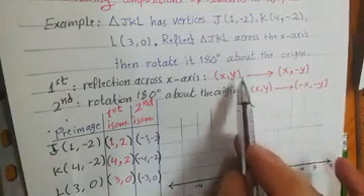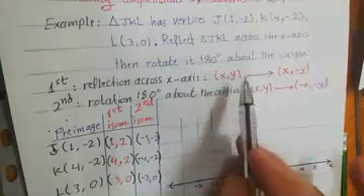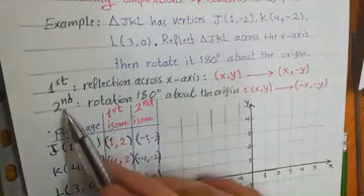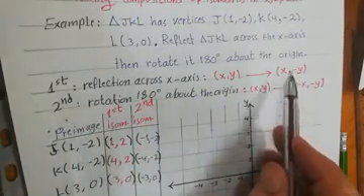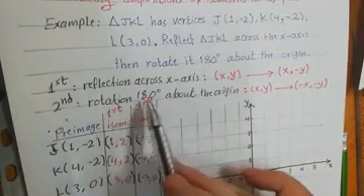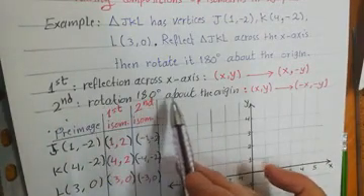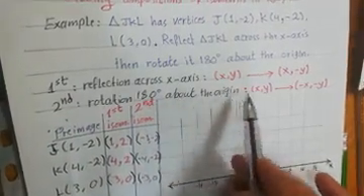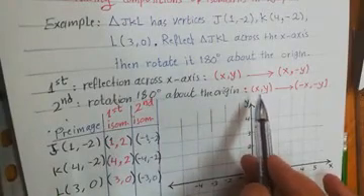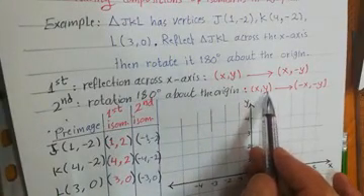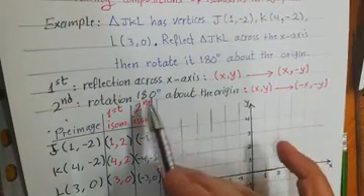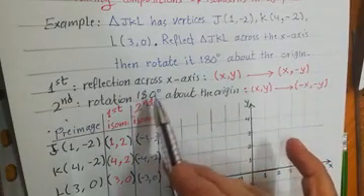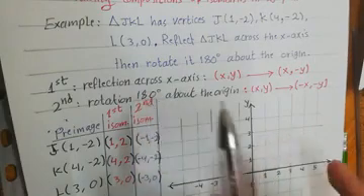This is the first transformation, the first isometry. The second one, after you get this, you will do the rotation 180 degrees about the origin. You also remember the rule about the origin: any (x, y) becomes (-x, -y) if you rotate it about the origin 180 degrees.